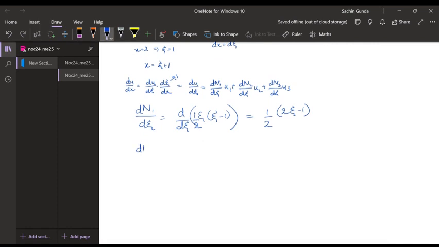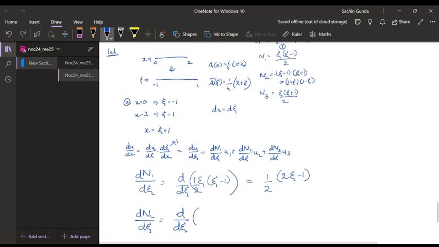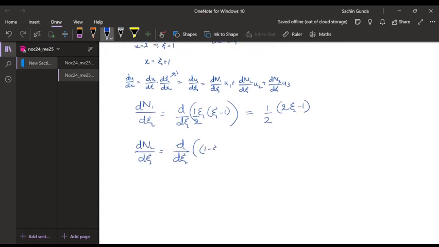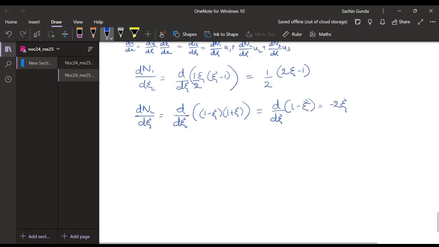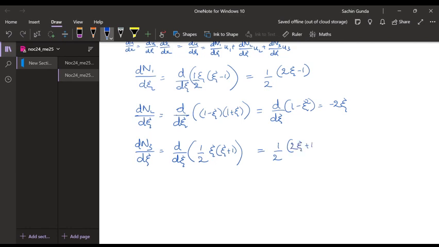For the second shape function, it's (1 minus zeta) times (1 plus zeta), that is 1 minus zeta squared, whose derivative is minus 2 zeta. And for the third shape function, it's half times zeta times (zeta plus 1), whose derivative is half of (2 zeta plus 1).